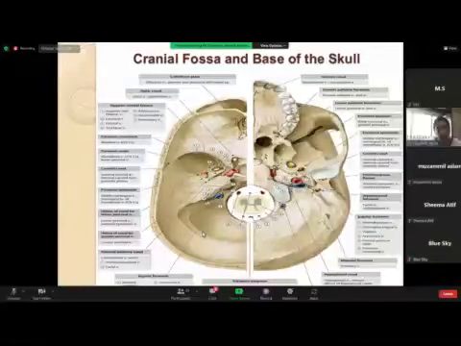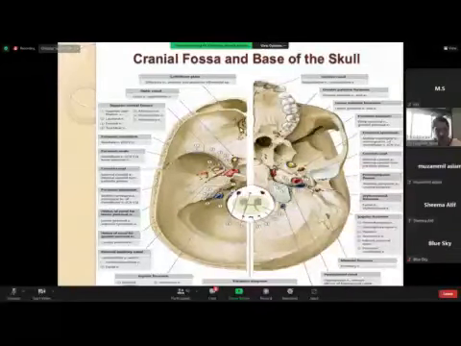When we talk about the anterior cranial fossa, we have this sieve-like structure, which is called the cribriform plate. It is very important. Sensory neurons from the olfactory epithelium, their axons pass through this cribriform plate, and they form the olfactory nerve, which is the first cranial nerve.